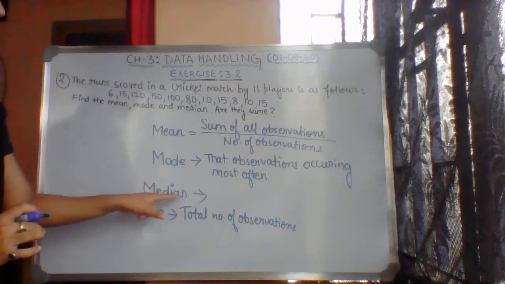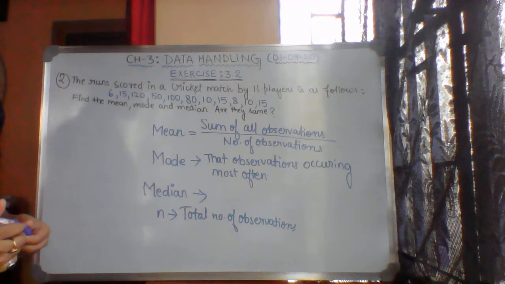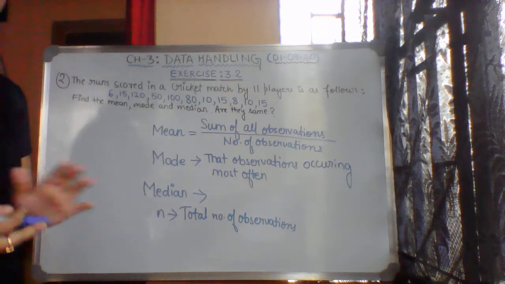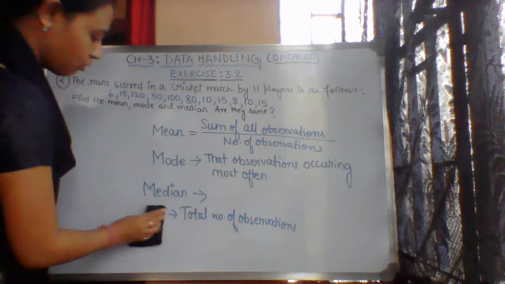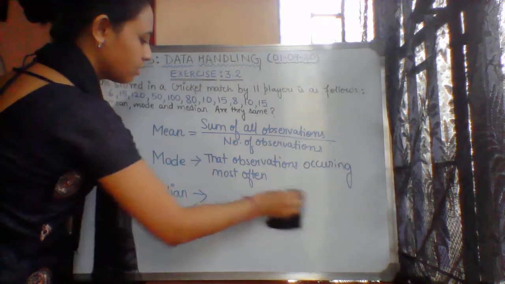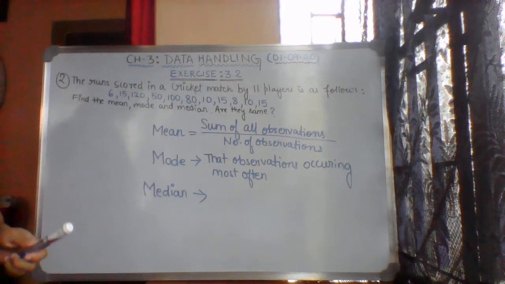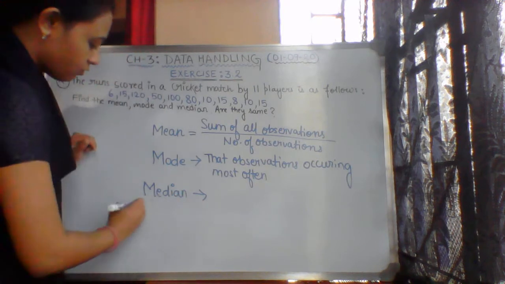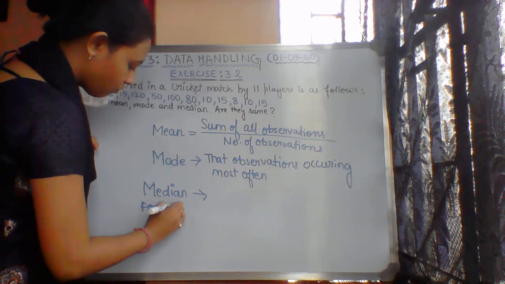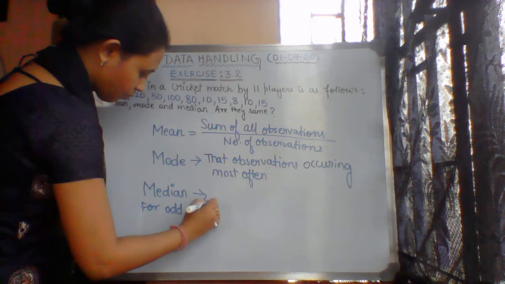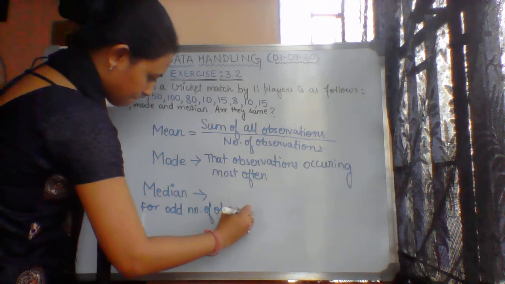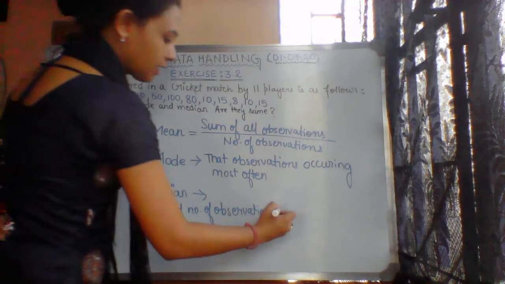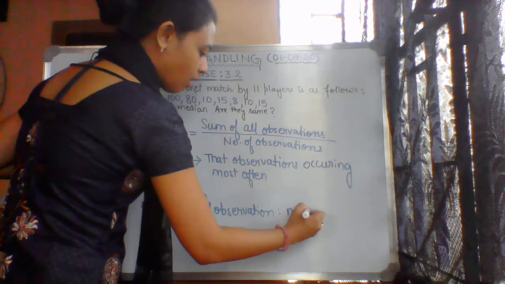Now can you formulate the formula for median? Yes, you have learned about 2 formulas. Although in your syllabus you have only one formula, because you will be dealing with data containing an odd number of observations. So for an odd number of observations, n will be an odd number.